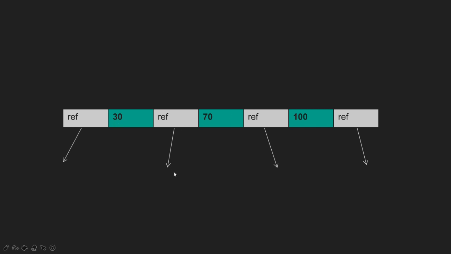And for this children between 30 and 70, all the key values which are between 30 and 70 will be in this children.